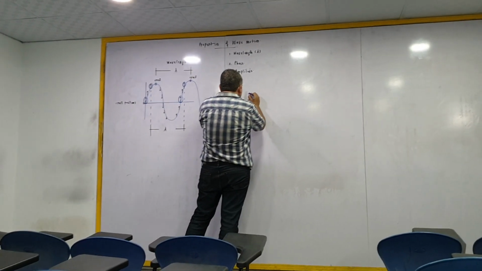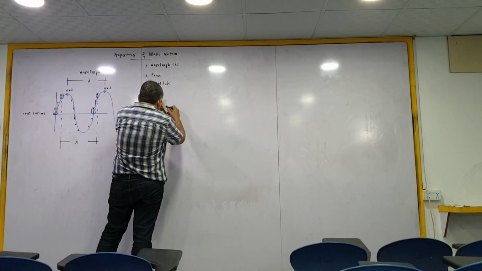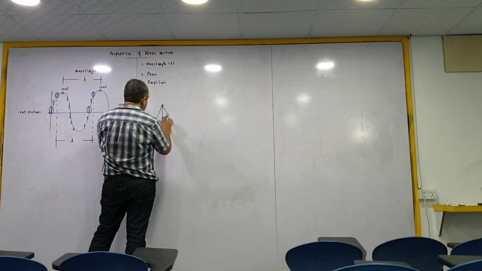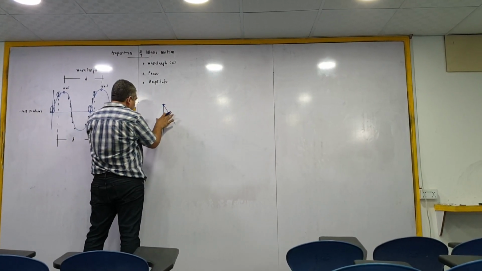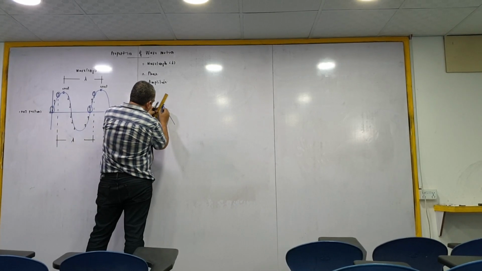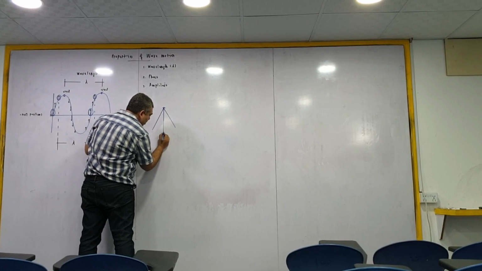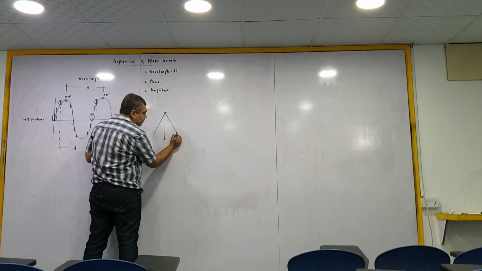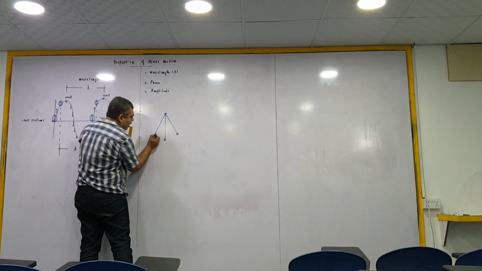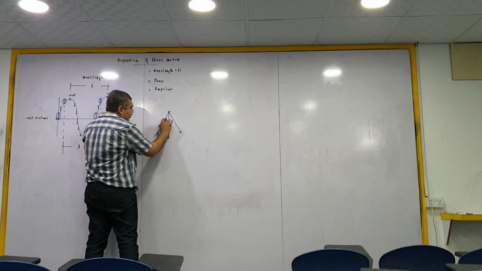What actually amplitude is, if I draw it as an example of a pendulum, when the pendulum is dragged to a certain height, like this is the pendulum. What actually is a pendulum? It's a system which comprises a bob, hook and an extensible thread.